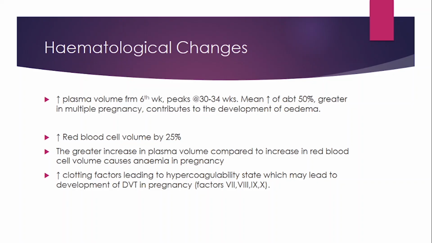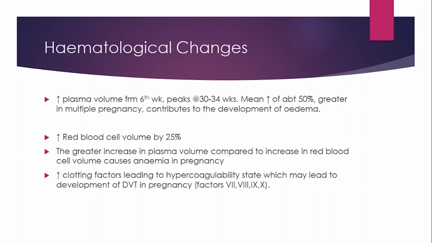In the hematological system, we have an increased plasma volume, which occurs from as early as the 6th week, and it peaks at about 30 to 34 weeks. The mean increase is about 50%, and this increase in plasma volume is greater in women with multiple pregnancy, that is, women with twin gestation, triplet, and so on, and it also contributes largely to the development of edema that some of these women experience in pregnancy.